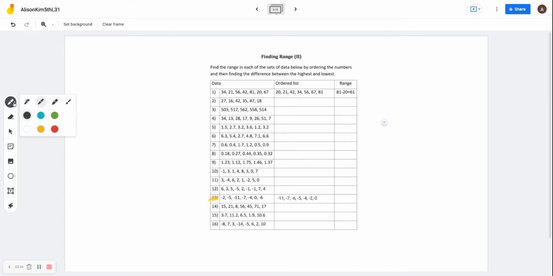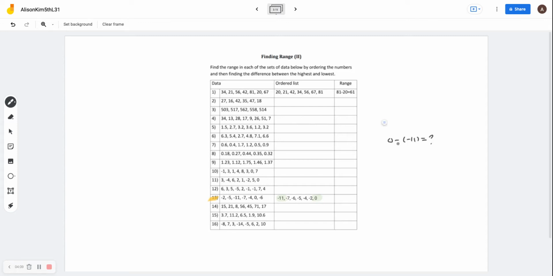Now that we know that, we see that the largest number is 0 and the smallest number is -11. Since the largest number is 0, I'm going to put 0, and I'll put minus, and then -11 in parentheses, and that should give us our range, right?